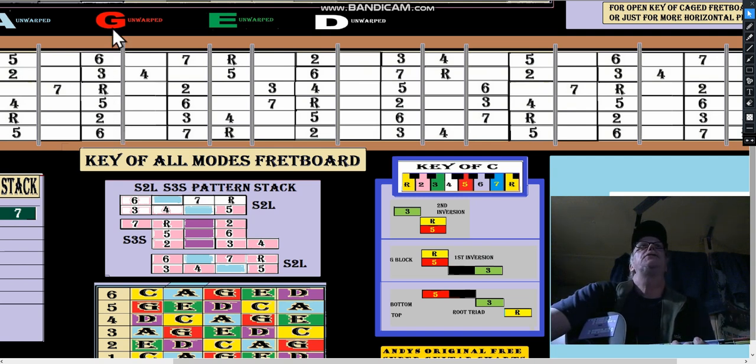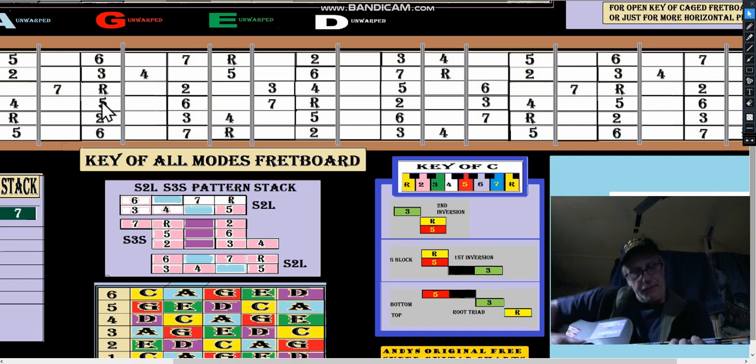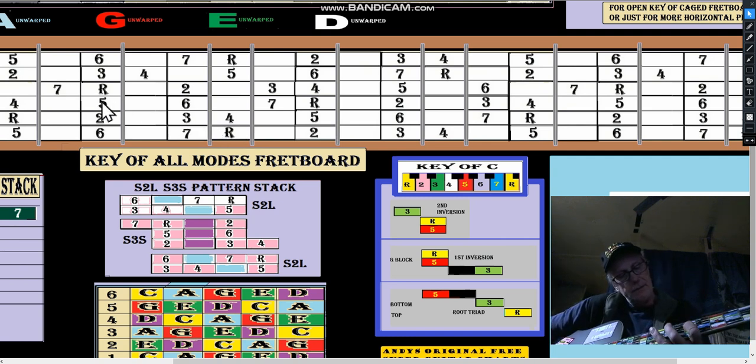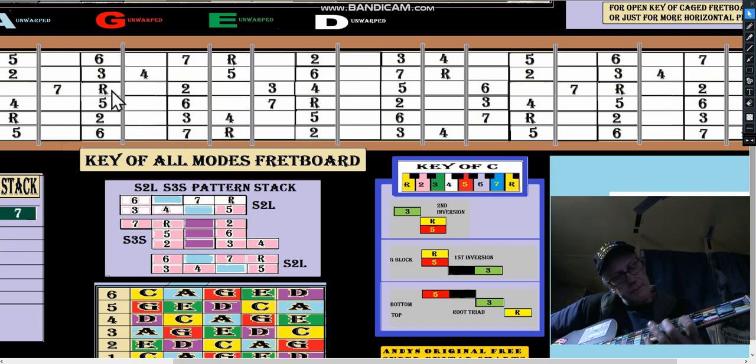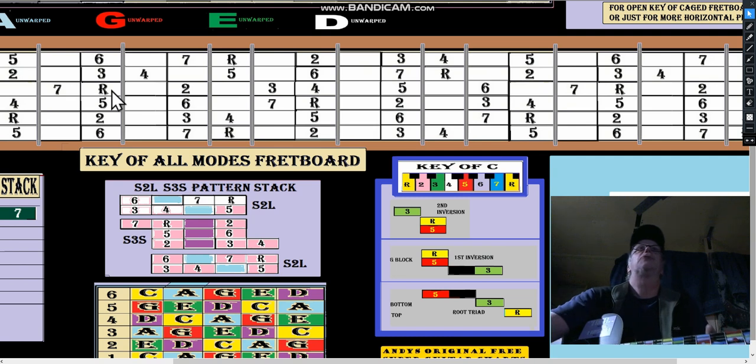We're at the G shape here, and we're talking about the root position. So we've got root, 3, 5, and then we've got 3, 5, root, and then straight up 5, root, 3 is just right there because of the tuning warp.